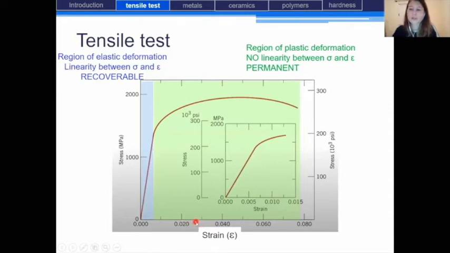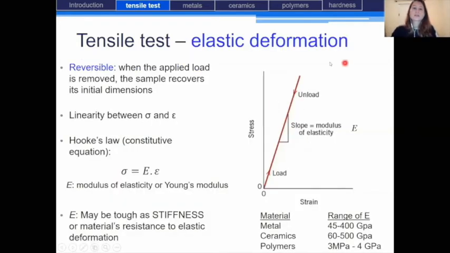So we are going to describe, first of all, the elastic domain. So this is this blue region. And then the plastic regime, which is this green region. So first of all, let's talk about elastic deformation. So as we said, it is reversible, which means when the applied load is removed, the sample recovers its initial dimensions.